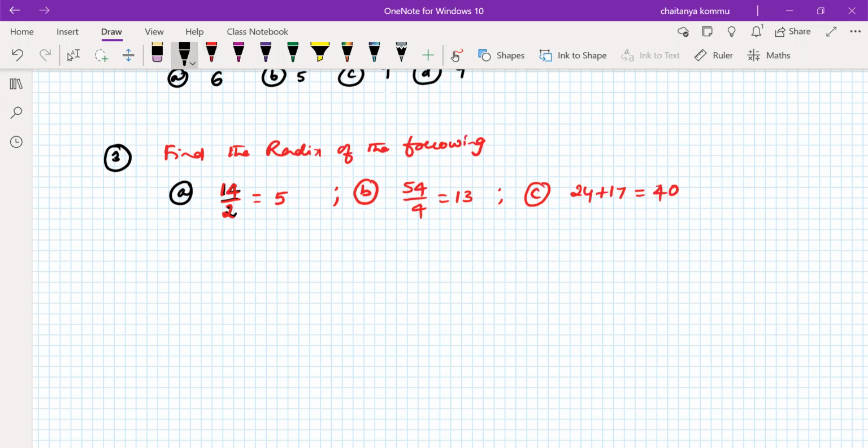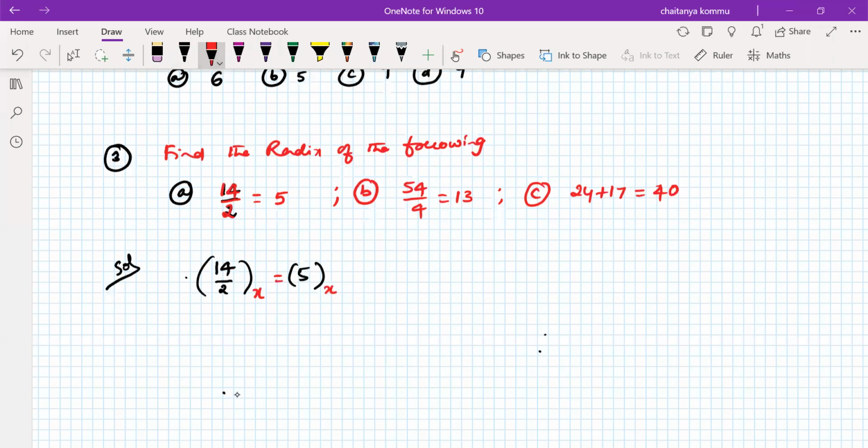How do we do this one? Let us solve this problem. First of all, if you want to calculate in a number system, the radix of this number should be equal to the radix of this number.